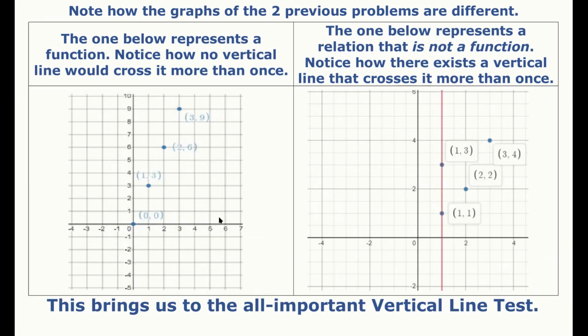Now, we just looked at a couple of different problems on the previous page, and we're going to look at the graphs again and realize there's a really important difference between them. Notice that if I consider all possible vertical lines, none of them would cross the graph of the one on the left, which was a function, more than once, right?